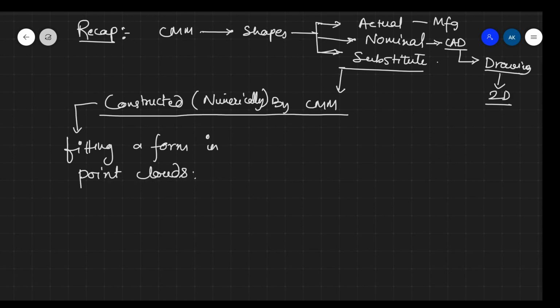Now what is this? Suppose you have a component and you use the CMM to touch different points on it, and you get a number of these points. This number of points on the job forms a point cloud, and the computer will take all these data or coordinates and finally fit a suitable form.